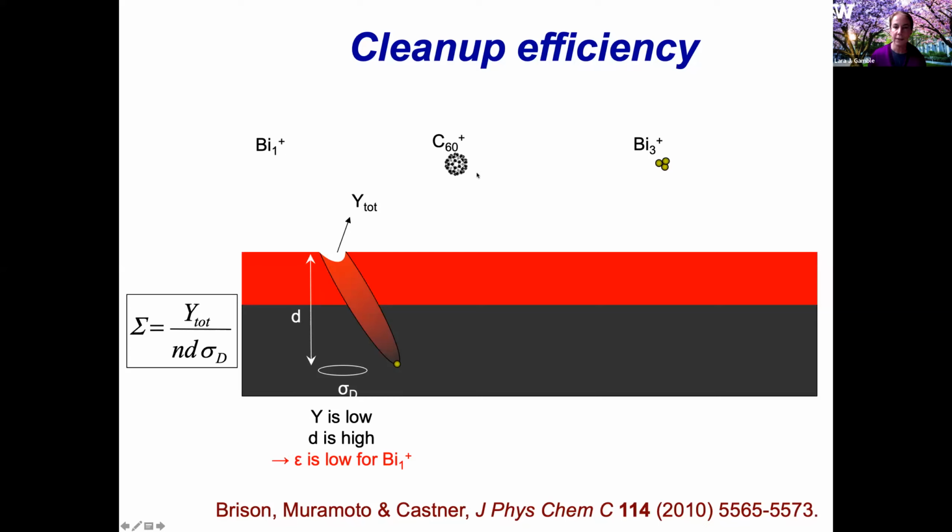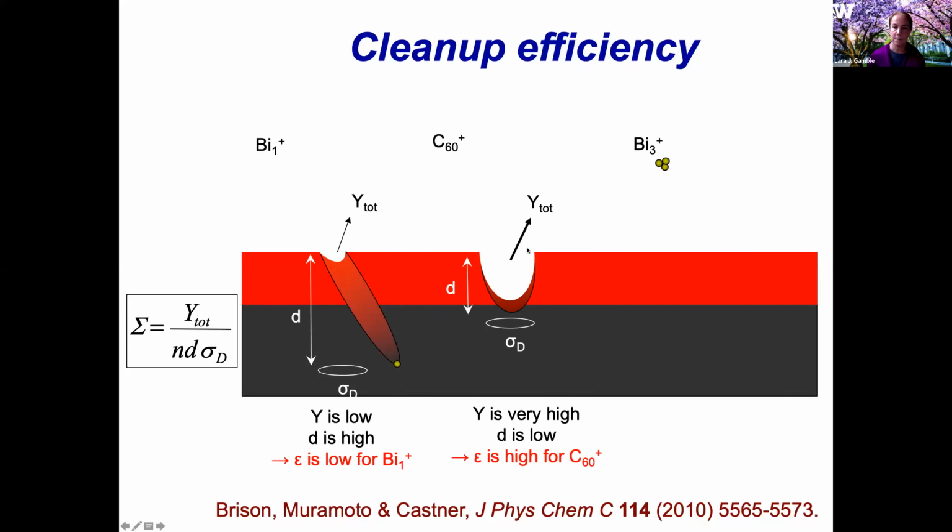But if you take a cluster of atoms together, in this case a buckyball example, and you hit that into the surface, it makes a bigger crater, you remove more material, and it doesn't really embed into the sample as much. And so you create this nice shallow crater. Sometimes that's good for analysis, although you can't always focus that beam as well, but it's very good for cleaning up a sample. Bismuth 3 is what we generally use for our analysis beam, so it's sort of in between the two.